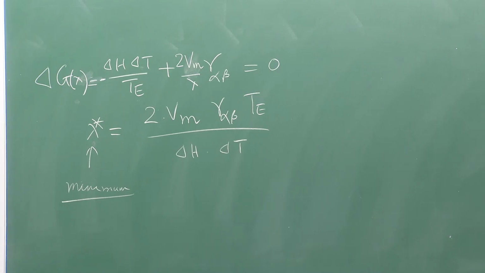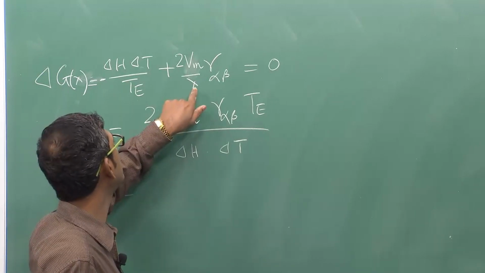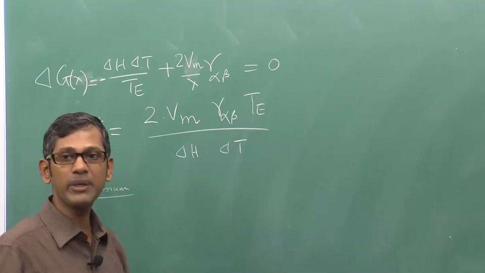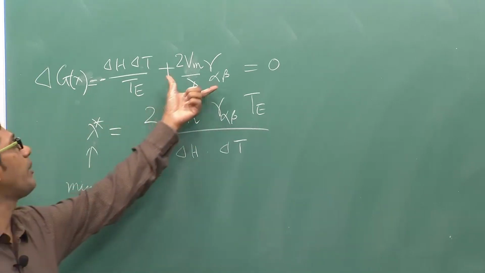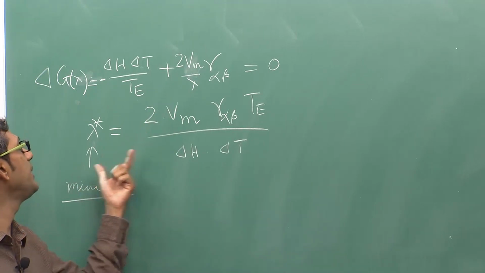because as lambda goes on decreasing, surface area increases. Because lambda is in the denominator, as lambda becomes smaller and smaller, this part will increase in value. So, therefore, this is the minimum value of lambda.